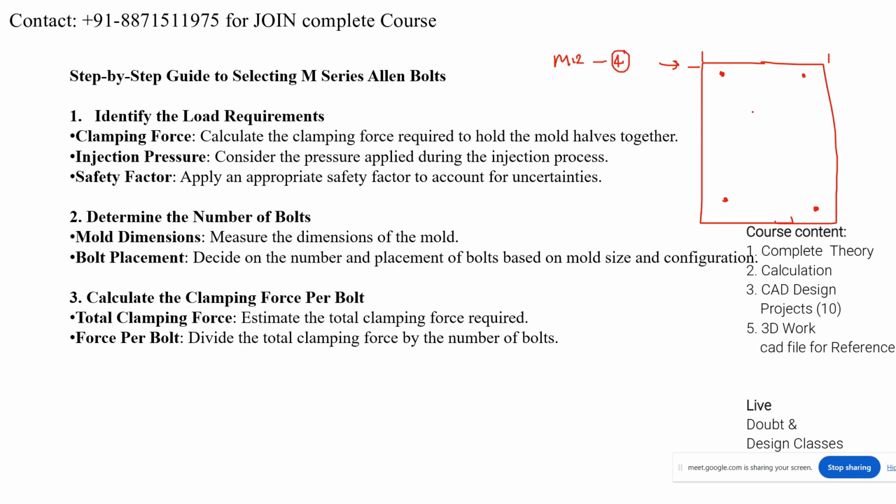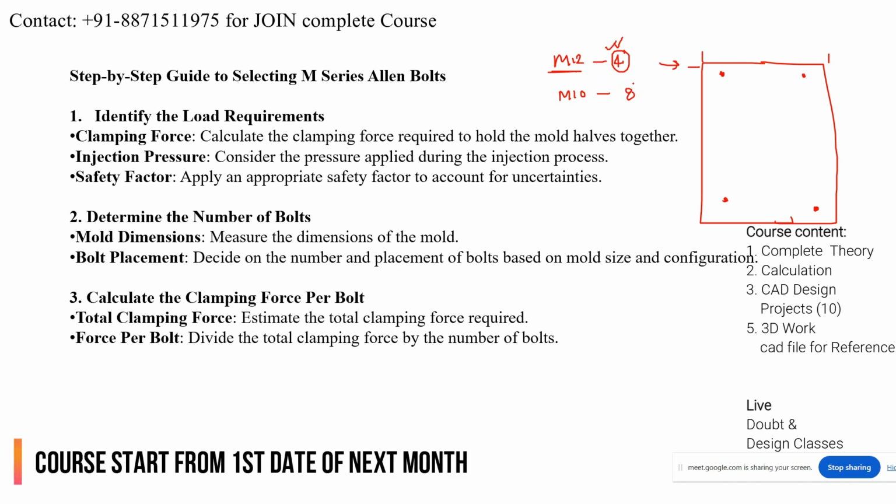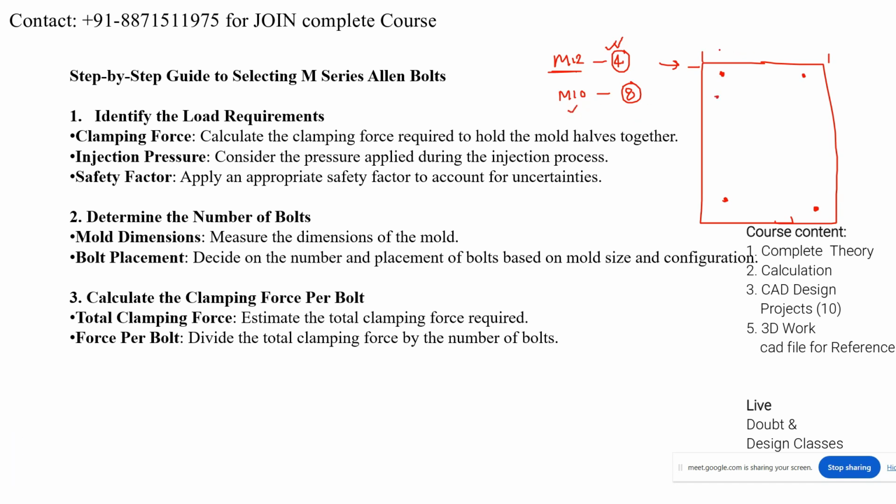But if I have an M10 bolt instead of M12, instead of 4 bolts, I can use 8 bolts of M10, right or wrong? It will be clamped in a better way, right or wrong?